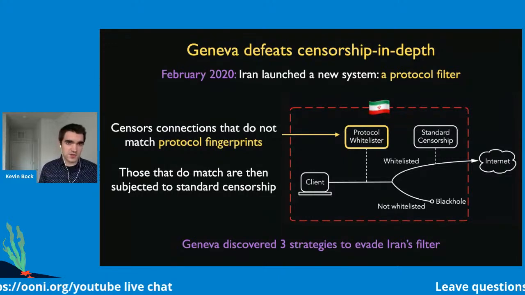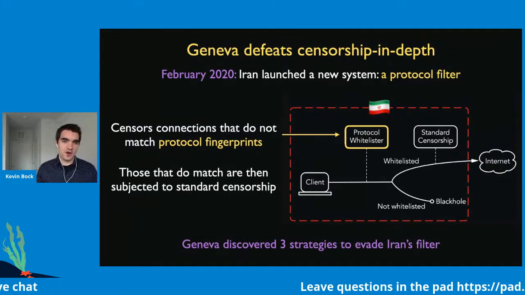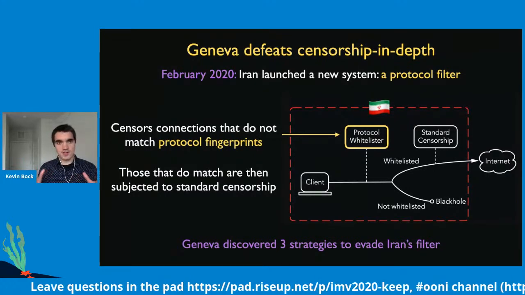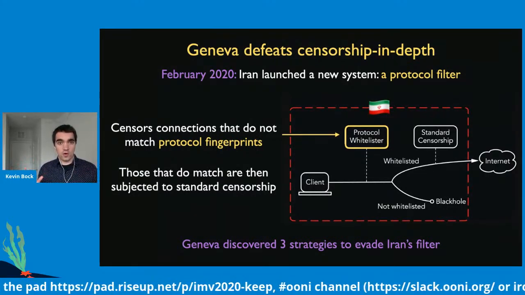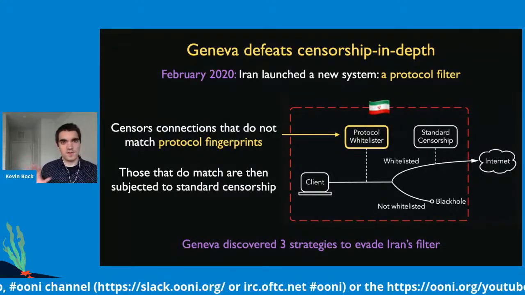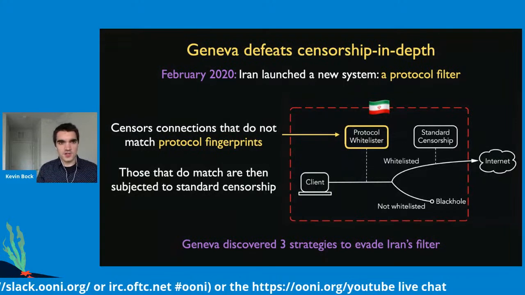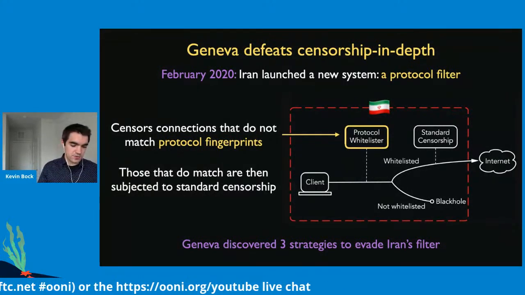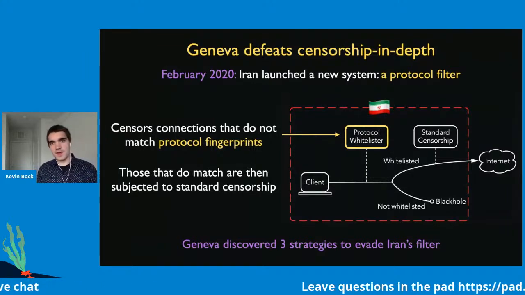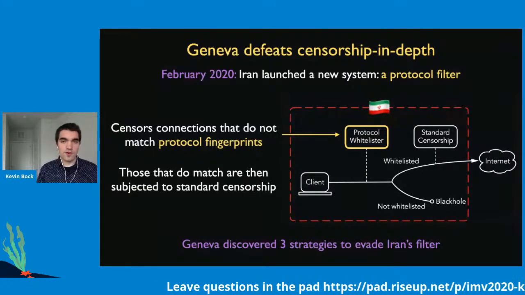And none of the strategies that work against the standard censorship system are successful against the protocol filter. So we can compose these strategies together and beat both of them, or we can use just one or the other and study just one of the systems in isolation while defeating the other one. This has been a really interesting exploration for us into fighting censorship-in-depth systems, and we expect these to start to get more prevalent.